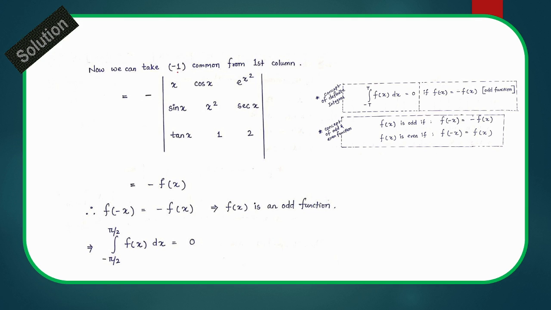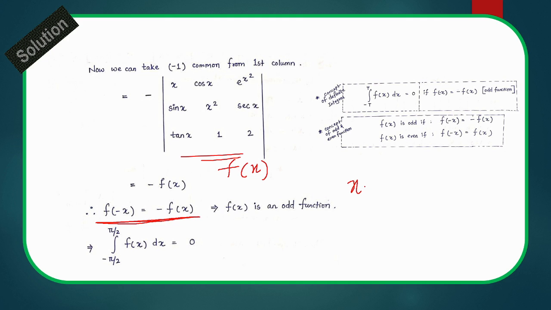If we take minus 1 common from only the first column, this is the remaining part, which looks like f of x. So you can write minus of f of x. So finally it is coming like that: f of minus x equals minus of f of x. So this is the result we need.